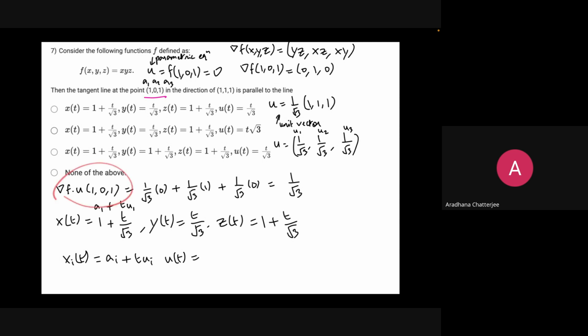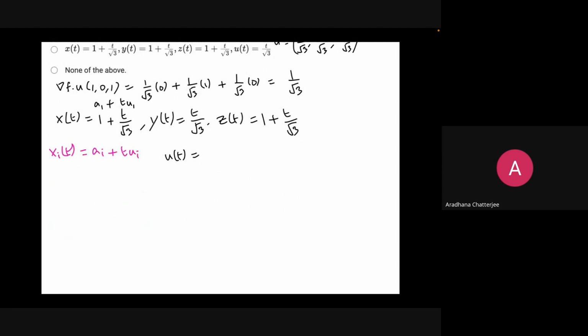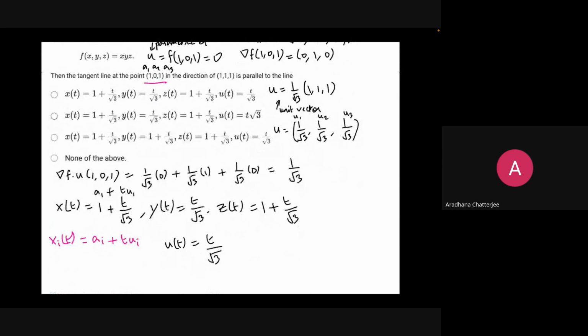That is the dot product of the gradient times the unit vector that we have at this point. So from that we just got 1 by root 3. So for the last u of t, this is the general form I'll specify. The value of the function we got as 0, so nothing, and then t times 1 by root 3. That is all there is to this.